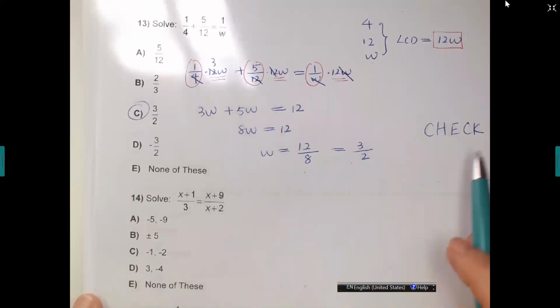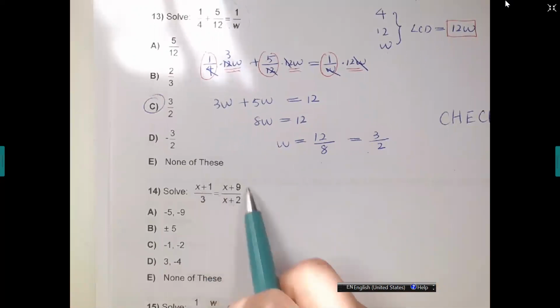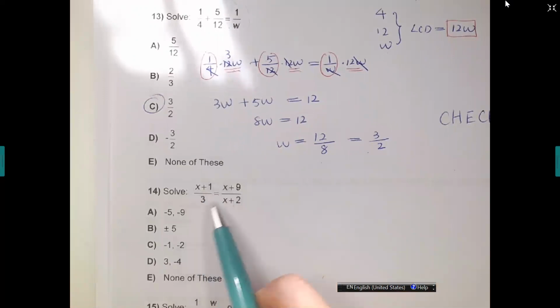But again, there are some special rational equations, like what we see here. How special is this equation? We have a rational equation with two rational expressions, one on each side. This turns into a proportion because those two ratios are the same. For this special type of rational equation, we do not have to look for the LCD.